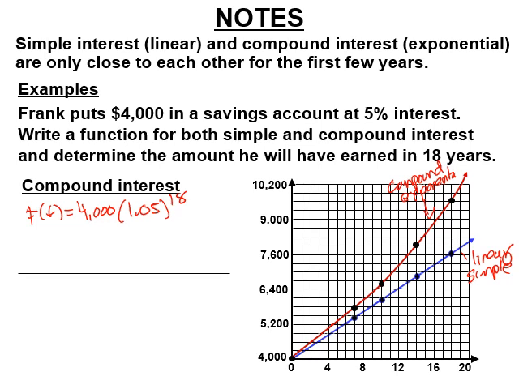So 1.05 to the 18th power, and notice I get around 2.4066, and it goes on forever. Times the 4,000 that we started with, and 18 years later, you would have approximately $9,626.